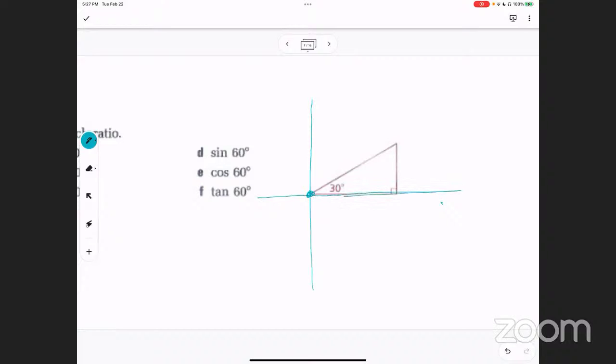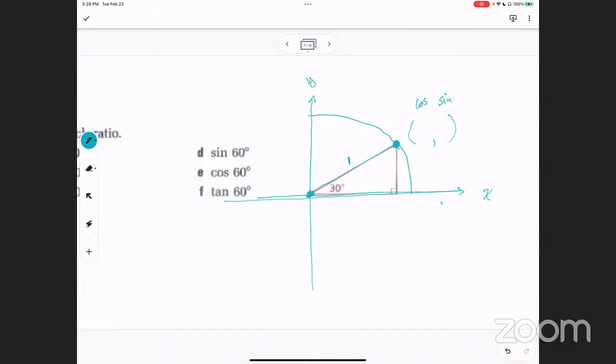Here's my Cartesian plane. There's my x-axis and there's my y-axis. If I draw a circle and I make this distance right here 1 unit, a circle with radius 1 unit, this point right here is going to tell me the cosine and the sine of all my nice angles, like 30, 60, 90, 45, etc.